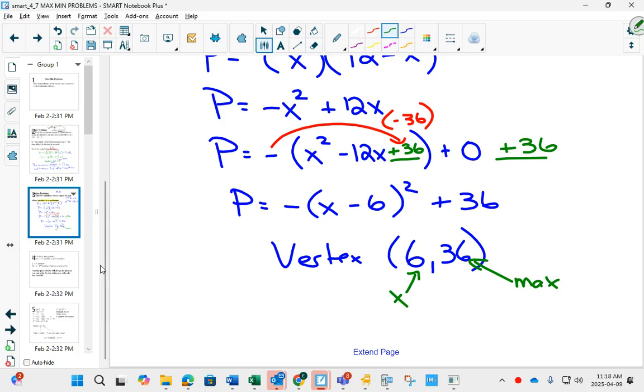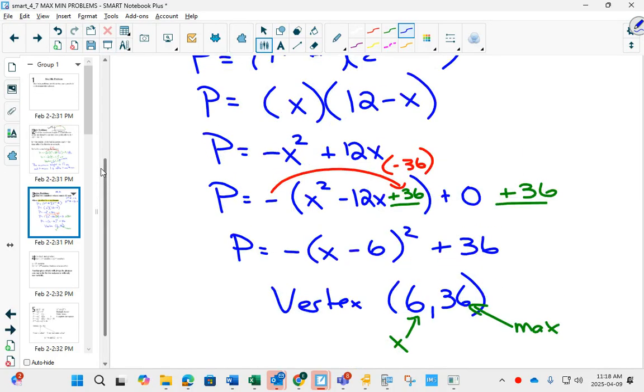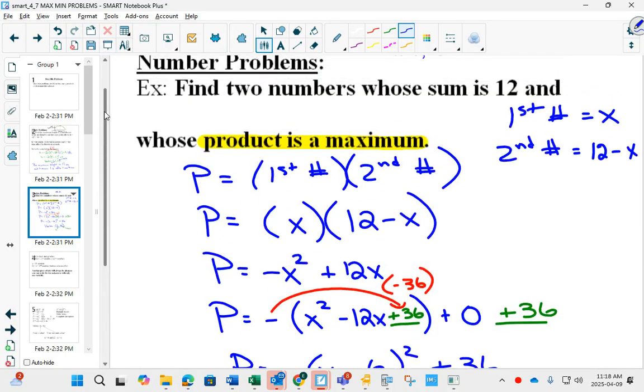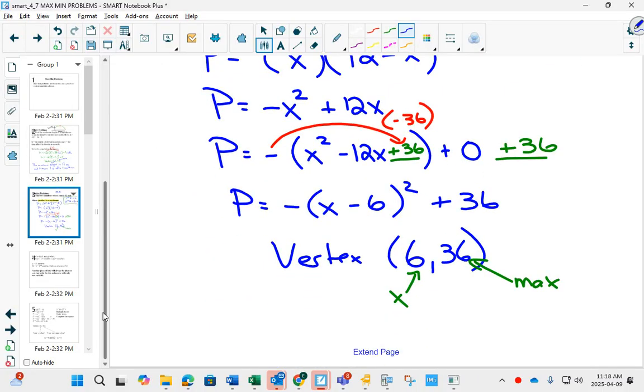What did the question ask? The question asked for the two numbers. What did x stand for? We look back, this is why this part here is really important, defining what x was. x was our first number. So the first number is 6. The numbers are 6. And what would the second number be then?